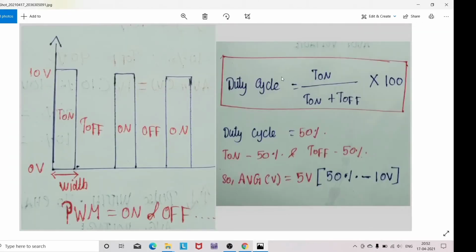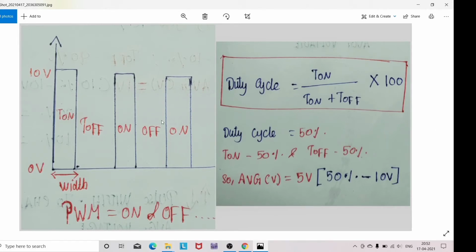Next we see the important point, duty cycle. Duty cycle equals T on divided by T on plus T off. T on is the 10 volt duration. T on plus T off is the time period.